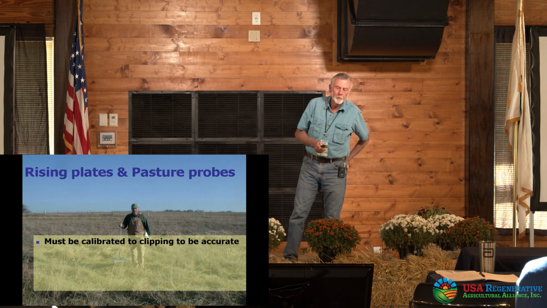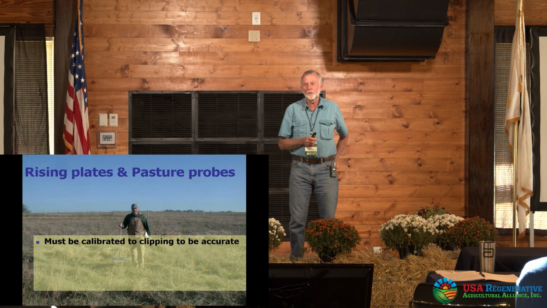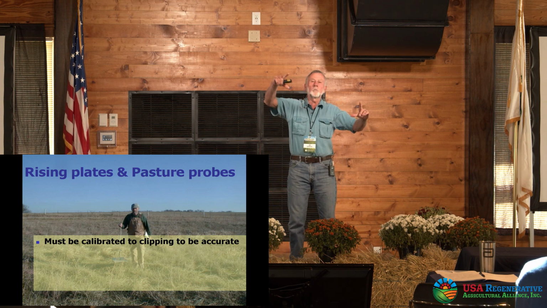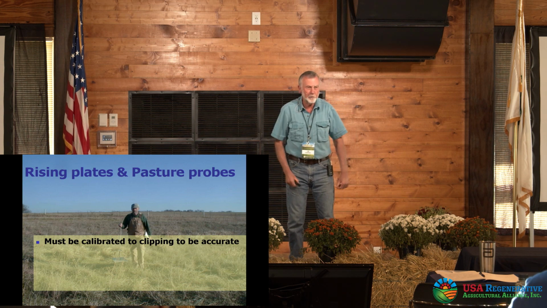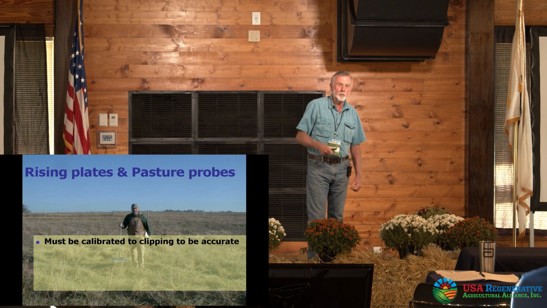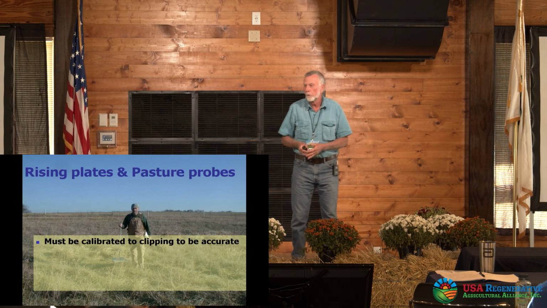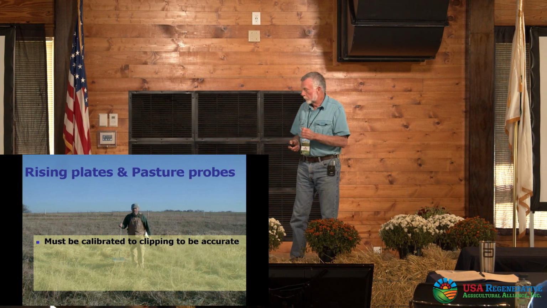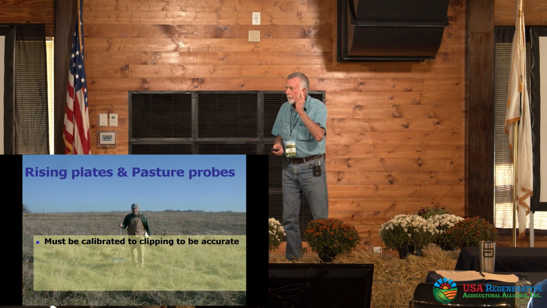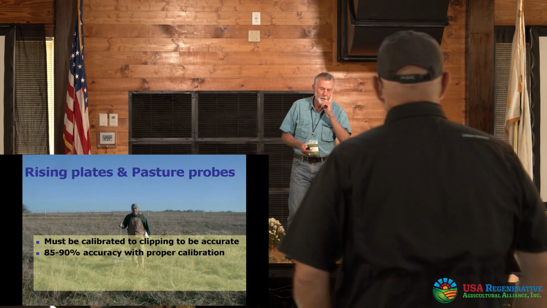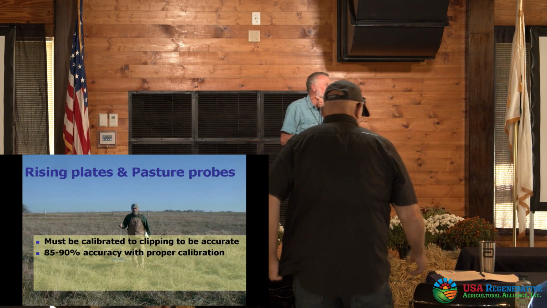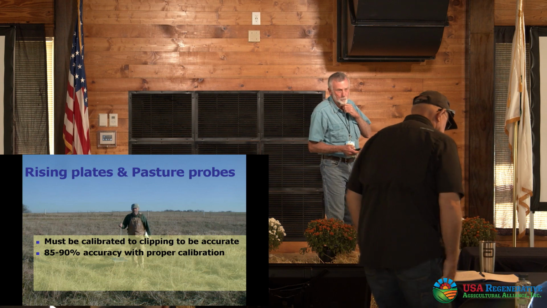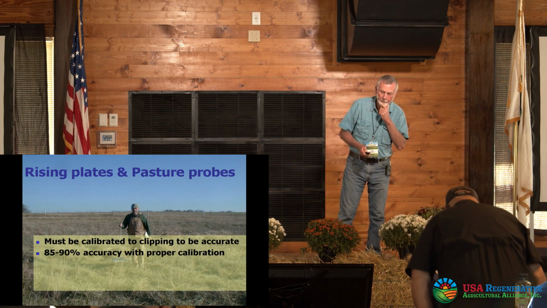Guess what? For it to be accurate, though, it's got to be calibrated to clipped quadrats. So you've got your square down there on the ground, you run this through it, and you do 100 of these, and you can get a pretty good prediction based on that of what the pasture yield is. 85 to 90% accuracy if it is properly calibrated.